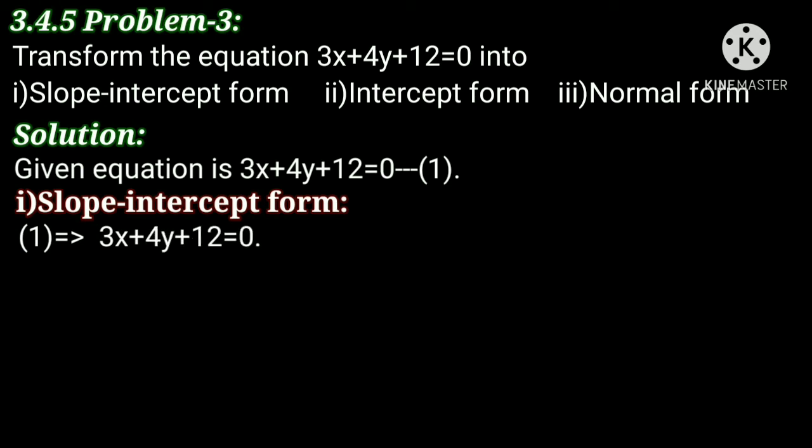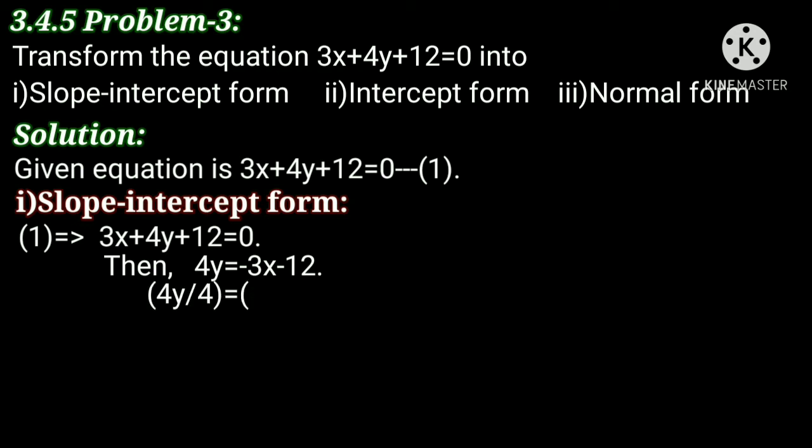To transform above equation into slope intercept form, first we send x term and constant terms into right hand side of the equation. Then 4y equal to minus 3x minus 12. Next, divide the above equation with coefficient of y on both sides.